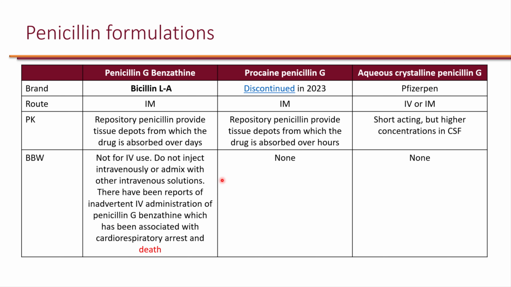Now, when it comes to penicillin, it's important to distinguish between different formulations. So there is penicillin G benzathine, which is brand name Bicillin, which sometimes there is a shortage of. That's used IM, so intramuscular. Now, one thing that's specific about these IM injections, with this one in particular, is that it has a formulation where the repository provides tissue depots from which the drug is absorbed over days.